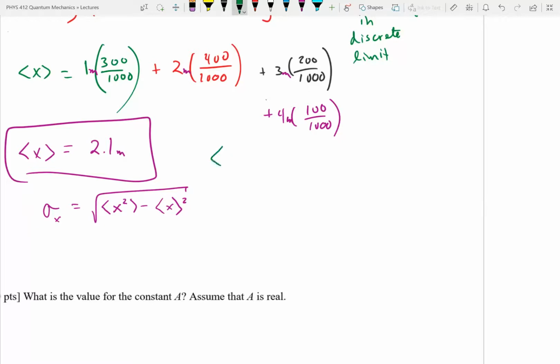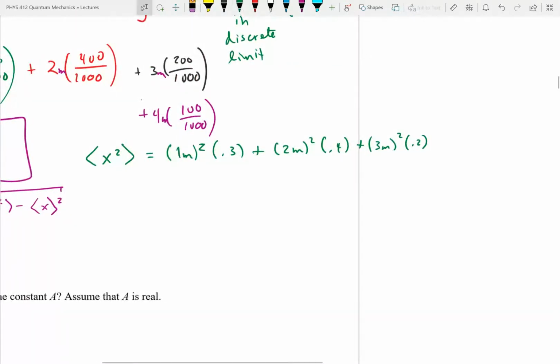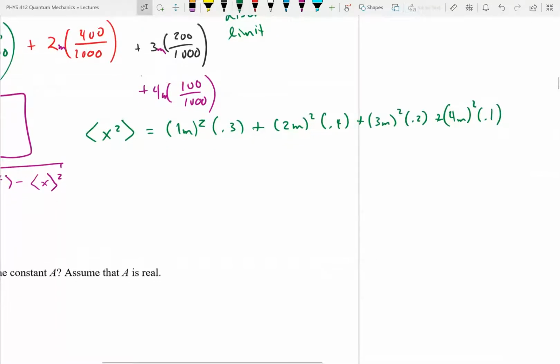So that means you had to calculate the x squared expectation value, which is, I'm shortening things up now. 4 times 4 is, wow, yes, 4 times 4 is 16.